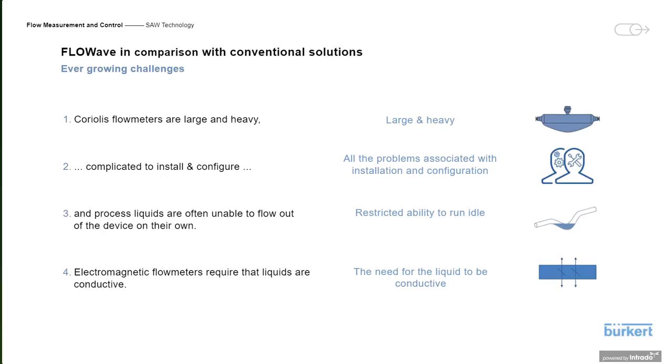Also, you have some challenges on the drainability, that the liquid can flow out of the device on its own. And comparing to electromagnetic flow meters and magnetors, that requires a certain minimum conductivity to work. So you cannot apply magnetors to all kinds of liquids.